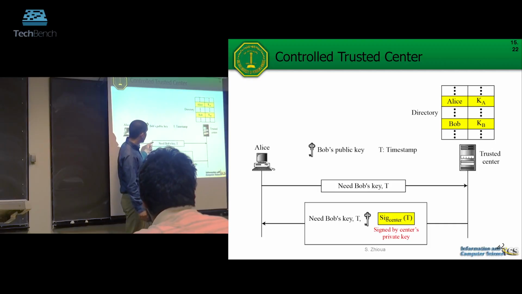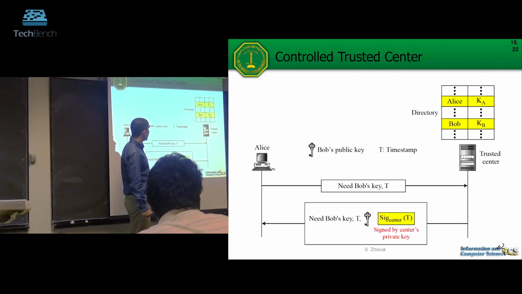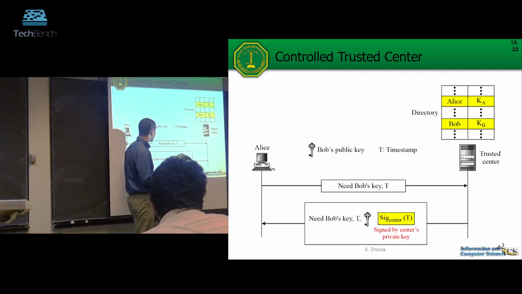Okay. Then the trusted center will get that public key of Bob. It will send it in clear here with a timestamp. Okay, so this is the public key, and then it will certify that this is really the trusted center.